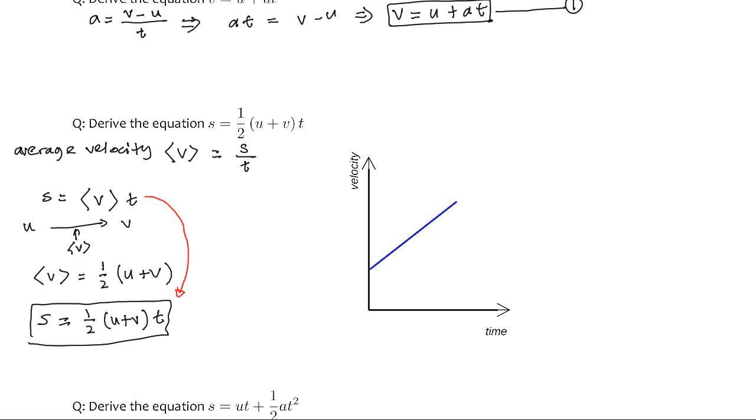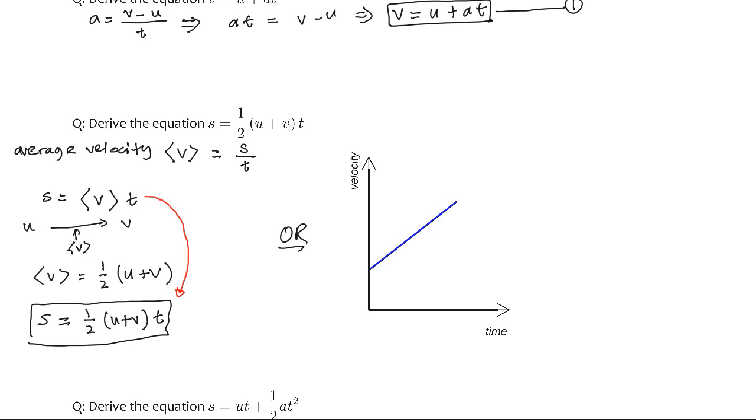Or alternatively, I can also come to this equation by looking at the velocity time graph of an object with uniform acceleration. Again, because it has uniform acceleration, it's going to be a straight line. So in this case, the initial velocity of the object, I can mark that on the graph as u.